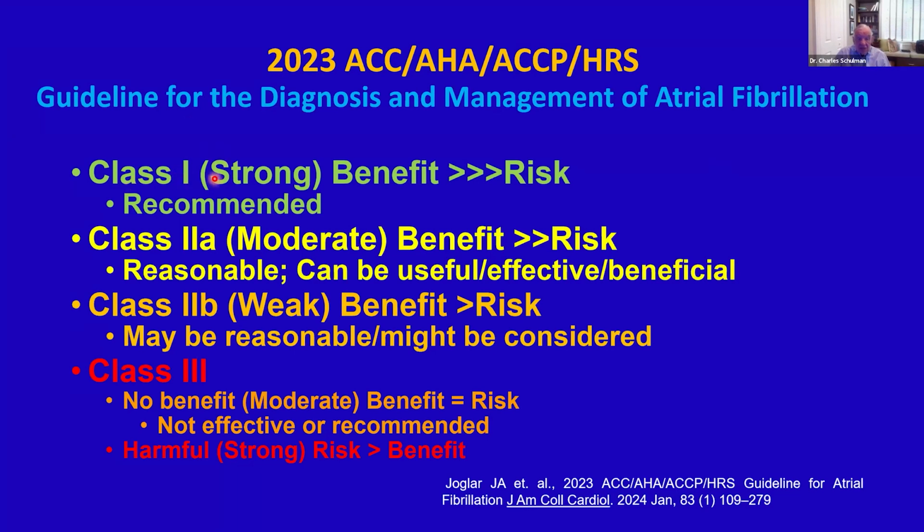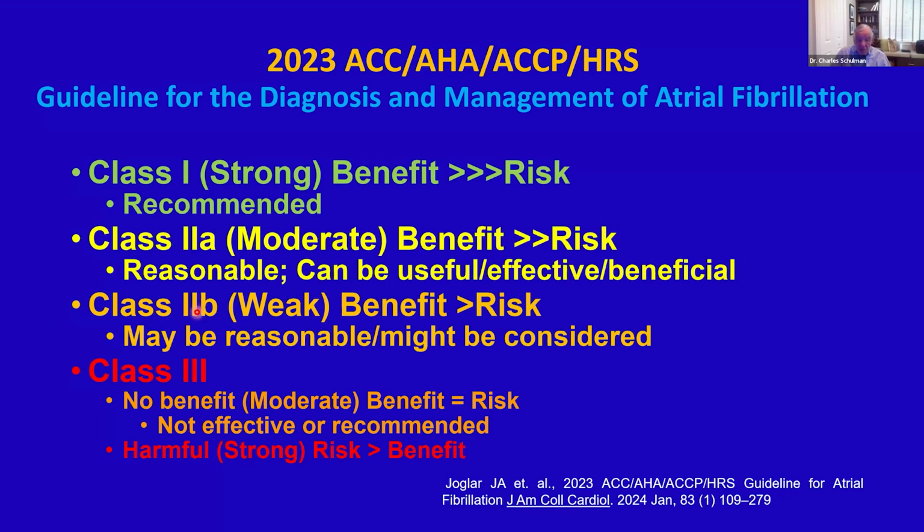A class 1 indication is a strong indication. The benefit is much greater than the risk, and the test or procedure or treatment is recommended. A class 2A recommendation is a moderately strong recommendation. The benefit is greater than the risk, and you can think of it as being reasonable, can be useful or effective or beneficial.